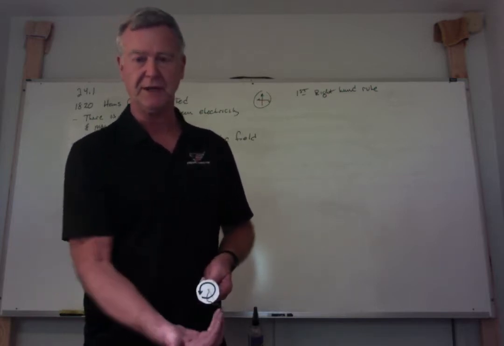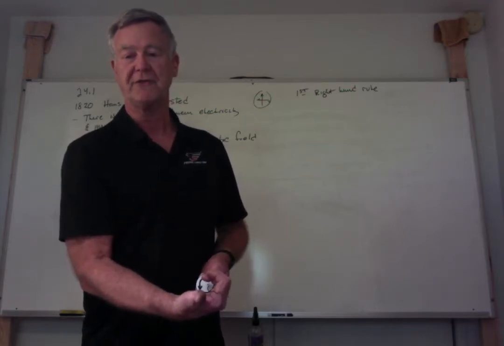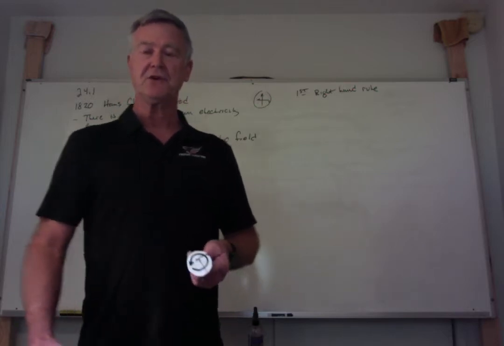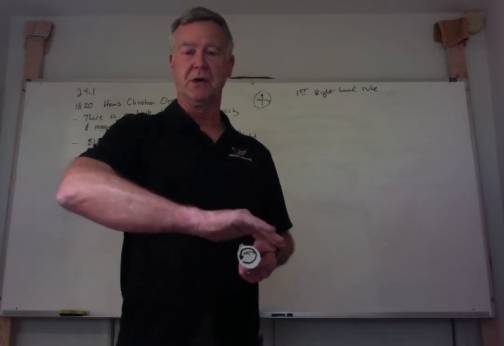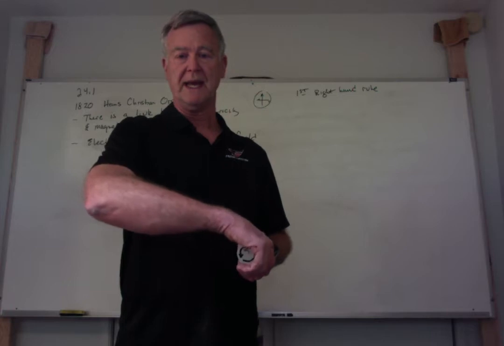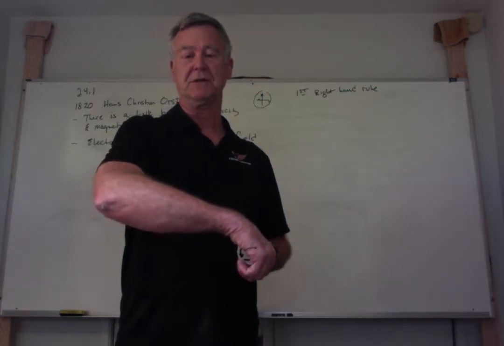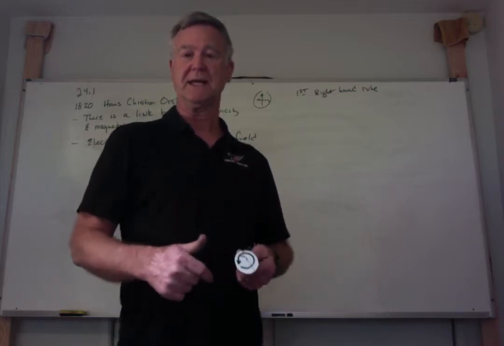If the current is flowing this way, my fingers are following that magnetic field. If you were to turn the electricity and have it go the opposite direction, my thumb is pointing toward me, and my fingertips are going the opposite direction of the magnetic field.